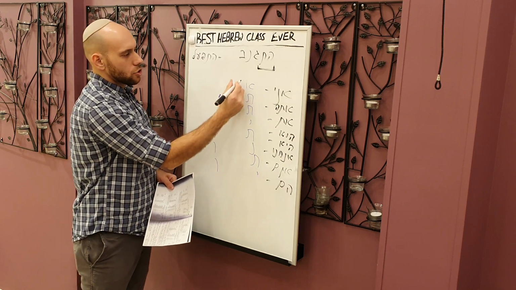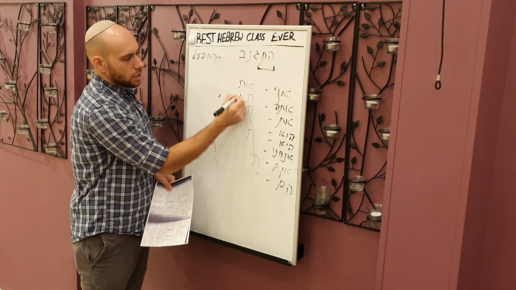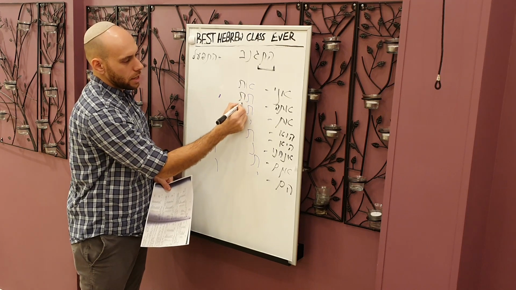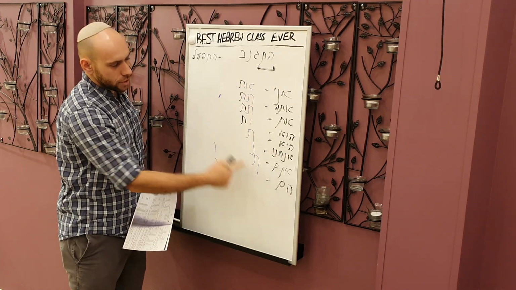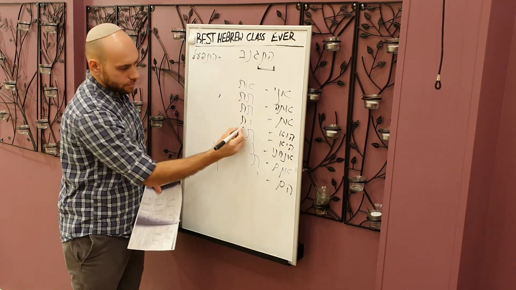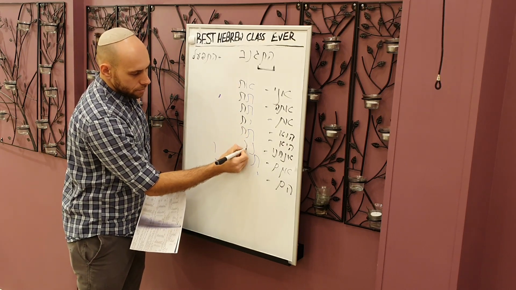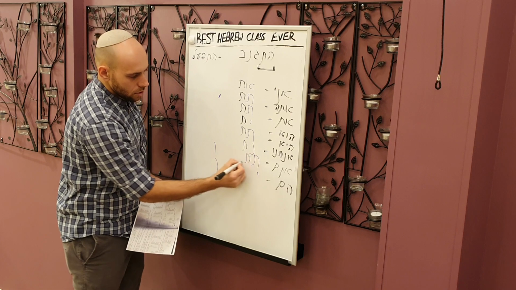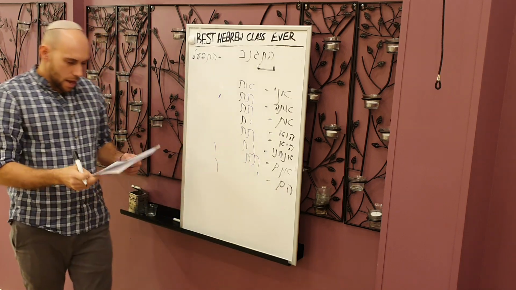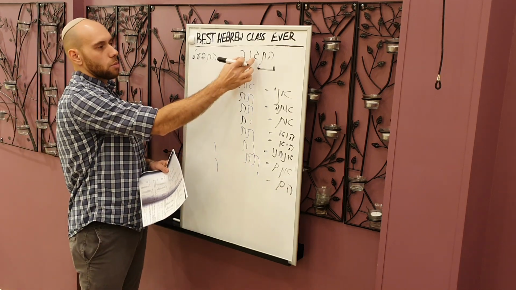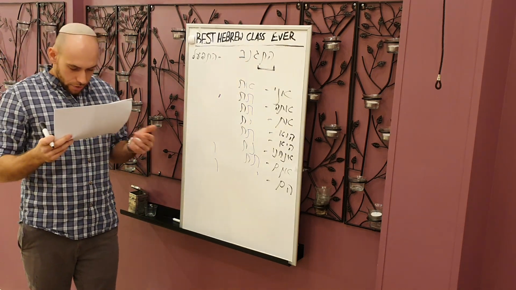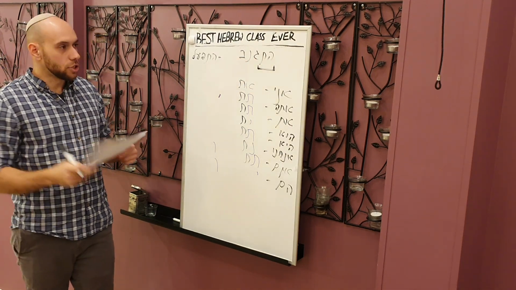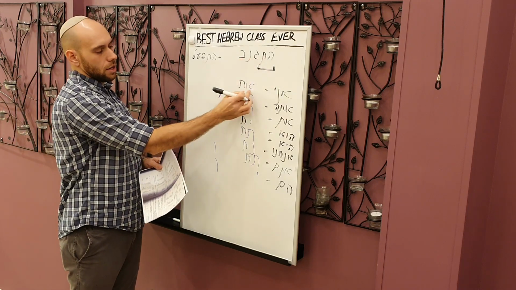So the tav is the part that's making it hitpa'el. You get the same prefixes and then tav, and the same suffixes. So what's the form of the verb in the middle? Just very simple, just ganev, like hit ganev, et ganev.